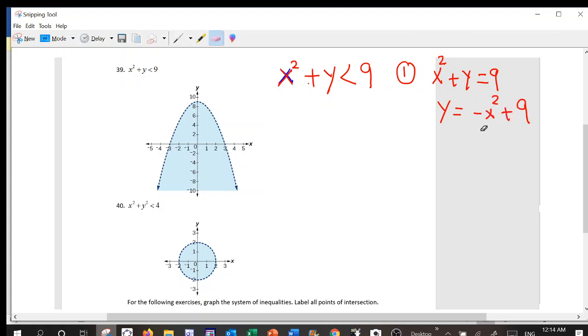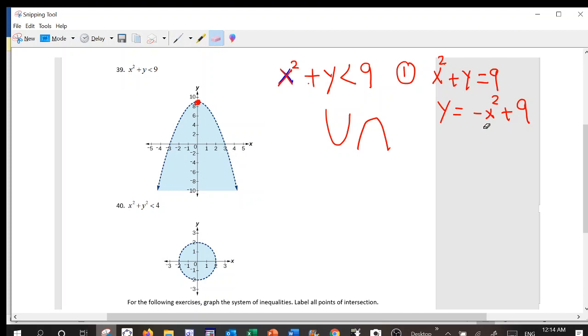Now we know negative x squared plus 9 is basically you flip x squared, which is a parabola like that, you flip it and then move it up 9 units. So that's what you get. So flip it and move it up 9 units. That's what you get. And then you graph this.